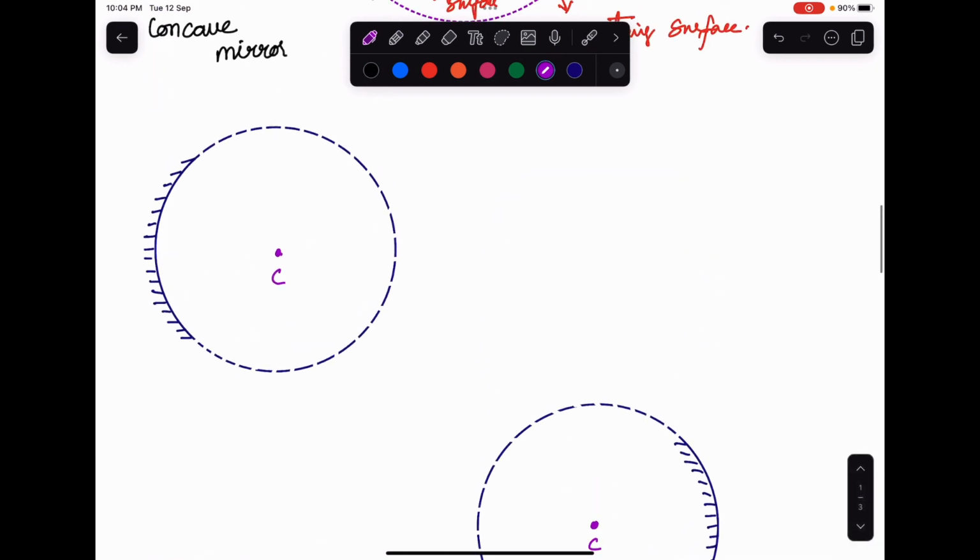So now I can define center of curvature: the center of the sphere from which a spherical mirror is taken out, or of which the spherical mirror is a part, is called the center of curvature.